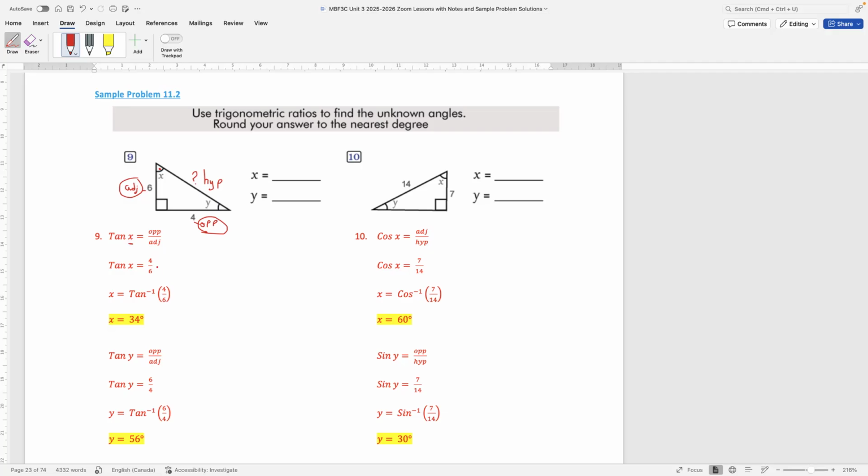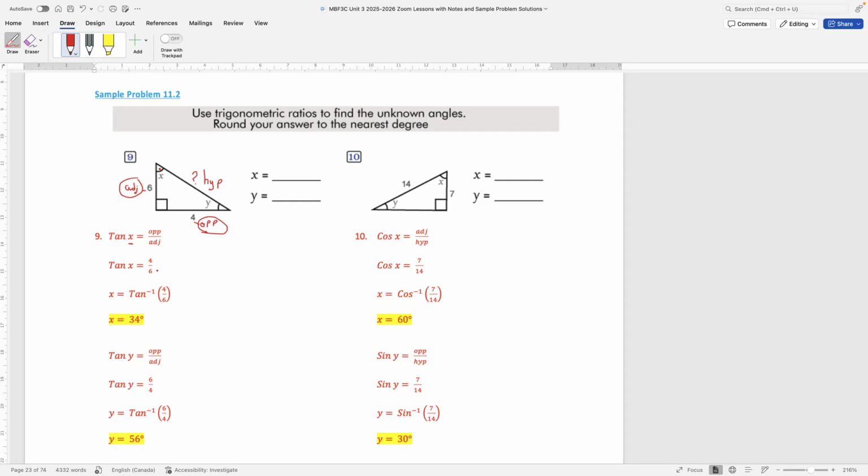So now to find the angle, we have to use what we call the inverse tangent, which means tan to the negative 1. On your calculator, you might have to press the second function button, second function tan.